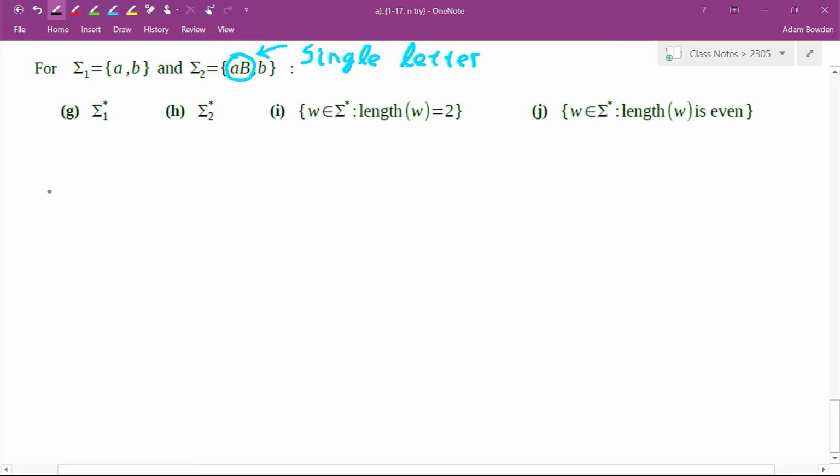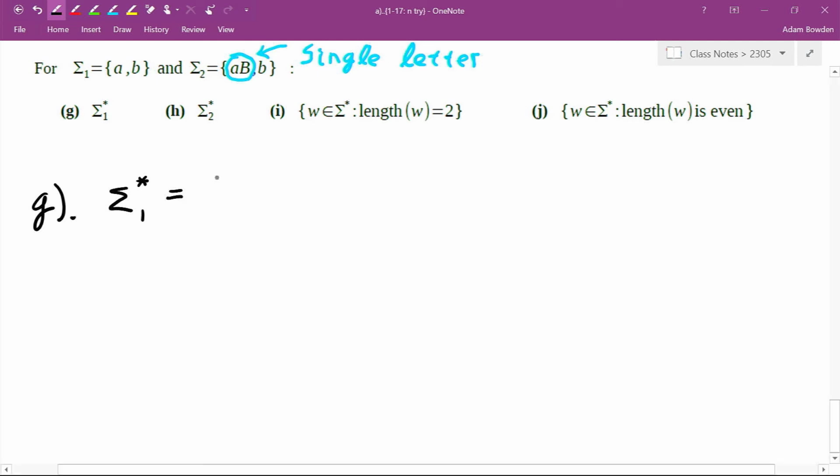Now, first off, I'd like to look at just sigma star 1. The star means to stand for any possible word constructed of letters from sigma 1.